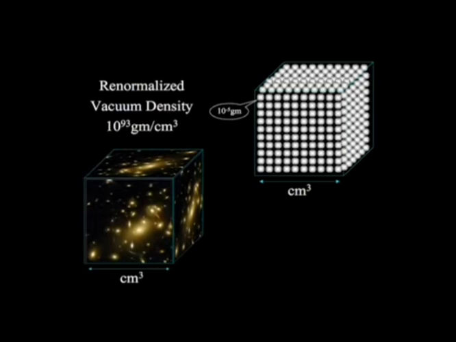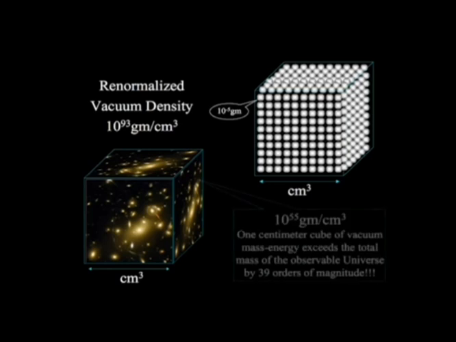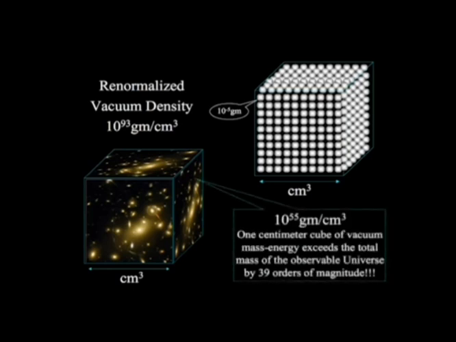You still wouldn't have the energy density of the vacuum, because the mass of the universe is approximately 10 to the 55th gram. So 10 to the 55th gram squeezed into a centimeter cube of space is still some 39 orders of magnitude smaller than the structure of the vacuum, the density of the vacuum.